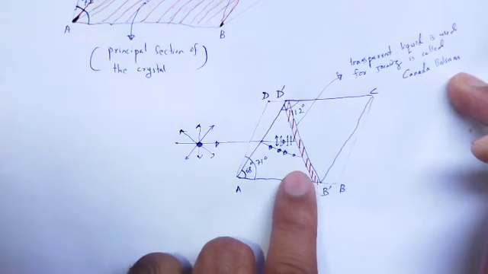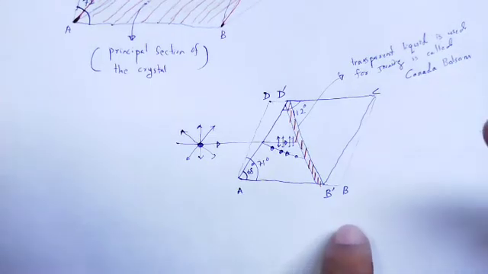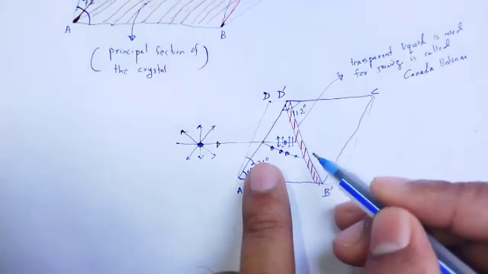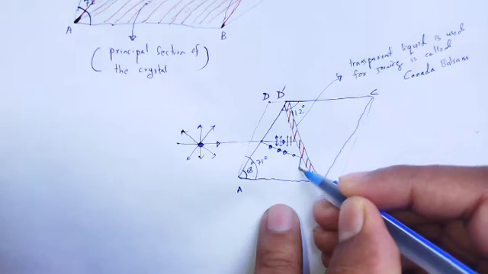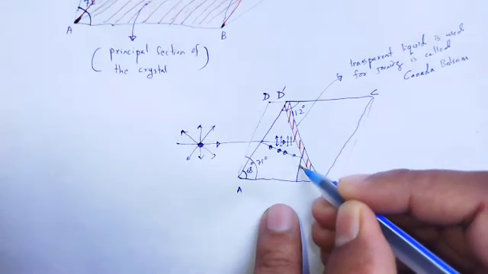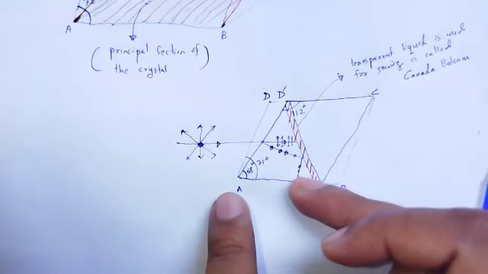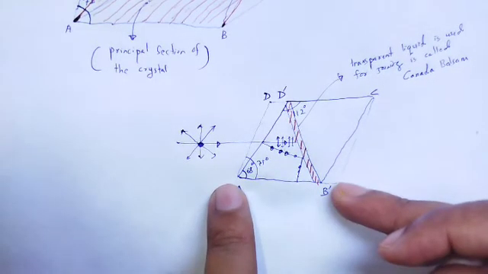So the phenomenon of total internal reflection takes place. Since the angle of incidence is greater than the critical angle, the O ray is totally reflected back to the surface AB.